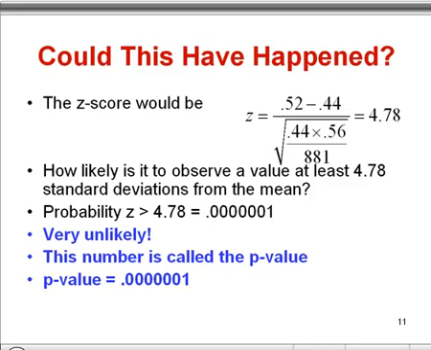It is extremely unusual. In fact, if we use the standard normal calculator, we could determine that the chance of arriving at a z-score this large is almost 0. And that is exactly what we will do on the next slide, and this probability is called the p-value.